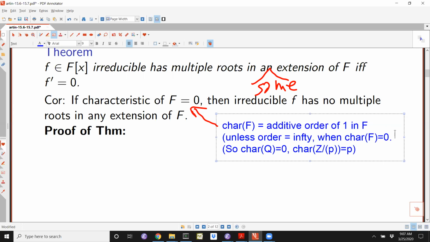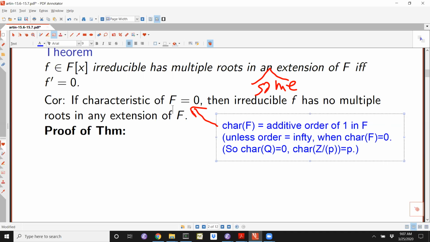Those are the two basic examples that you want to keep in mind for the characteristic of a field. Though we will actually see other examples of fields of characteristic p momentarily.